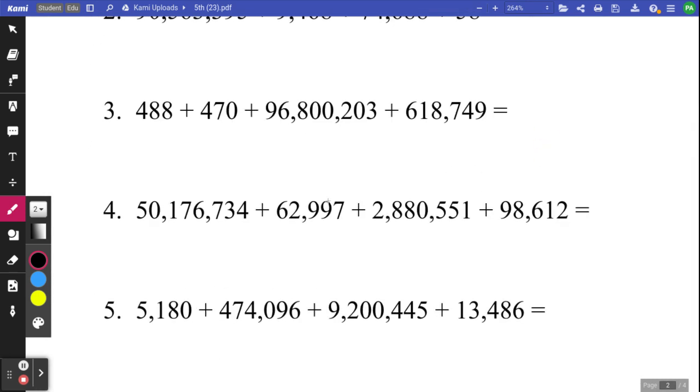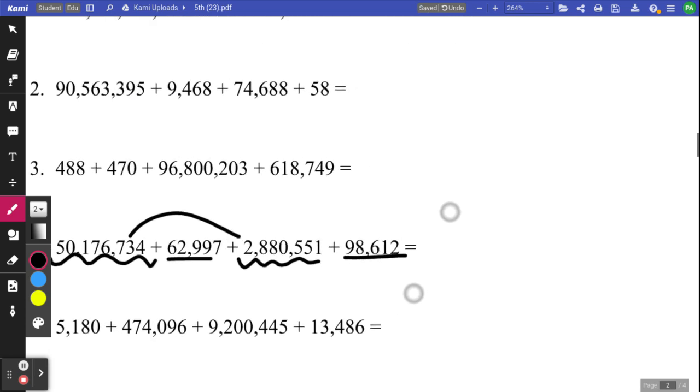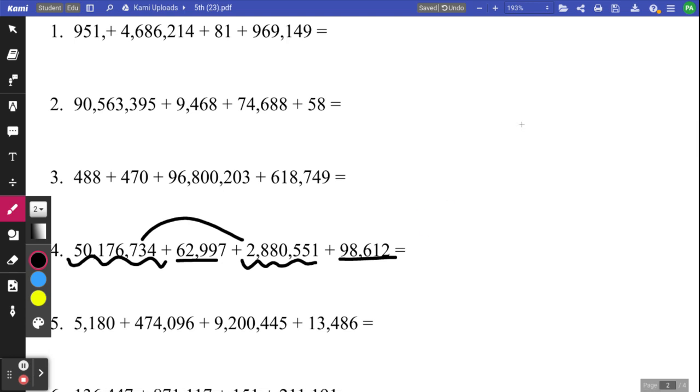If we look carefully, we see that this is the biggest number, and then we have the 2 million coming in second place. But we have this and this having the same amount of digits, so we can just ignore this for now and let's add these two since they are first and second place of having the most digits. And we're going to put the biggest number on top so that it's easier that way.